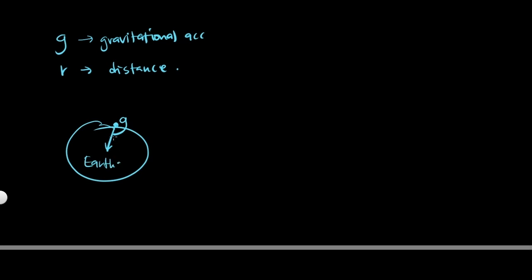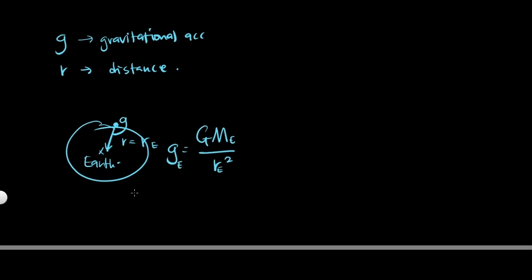The distance between the surface and the center is equivalent to the radius of Earth. So g equals G M Earth over R Earth squared.